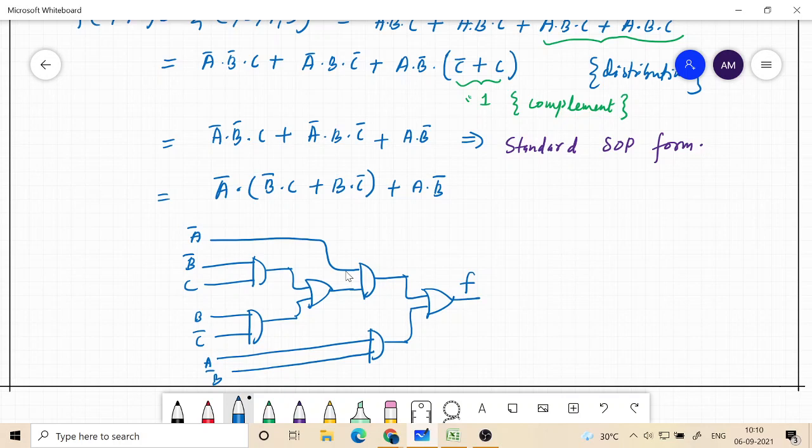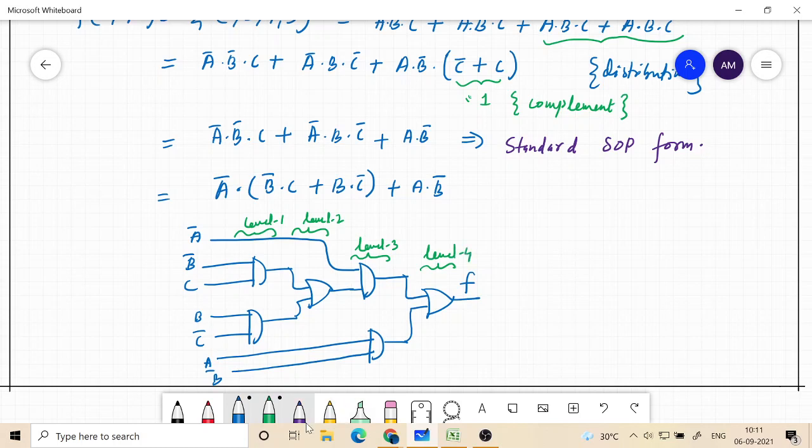Okay, and you see the number of levels here in the implementation. So this is level 1, then you have another OR gate, level 2, this is level 3, level 4.